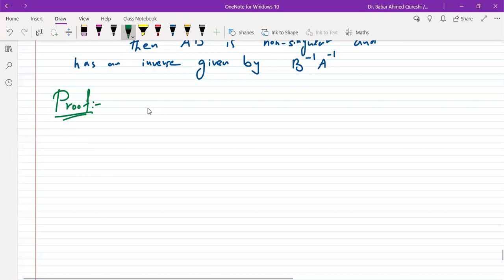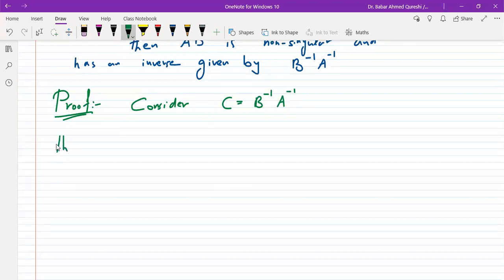So consider this matrix. Right now we don't know if the inverse exists or not. So I just start constructing it. I just consider this guy. The claim was that this is the inverse, so we just check it. So consider this matrix and multiply it with AB.